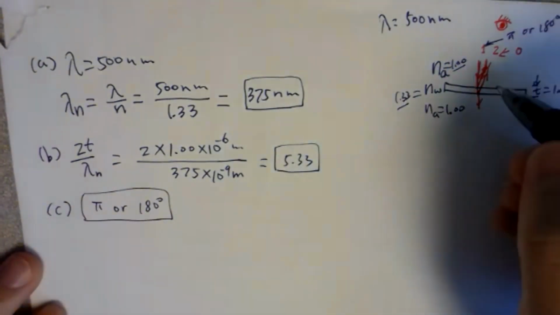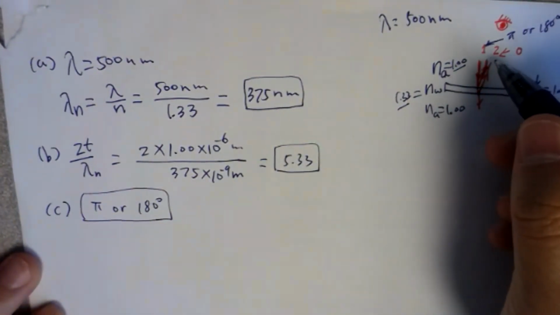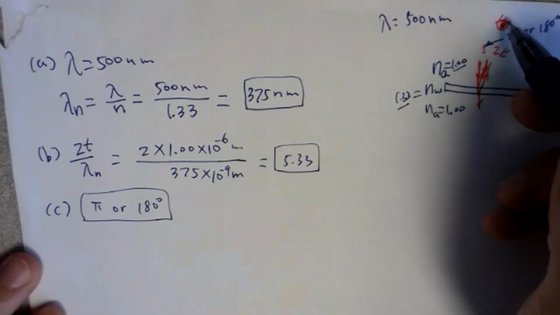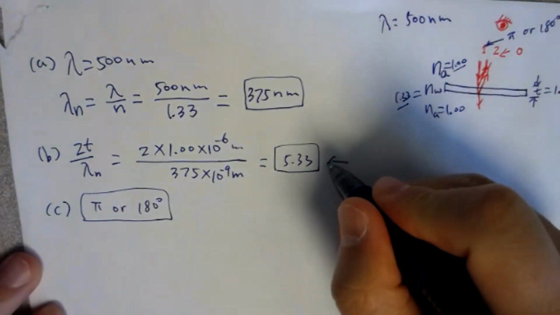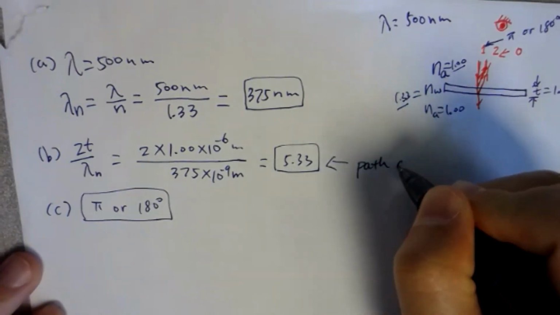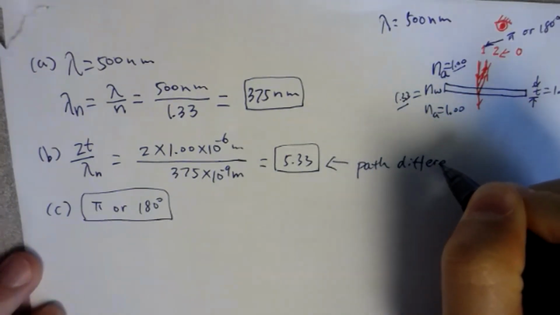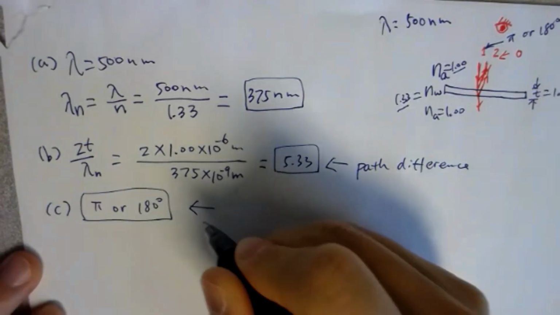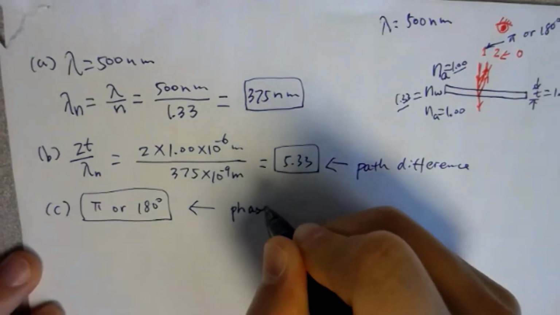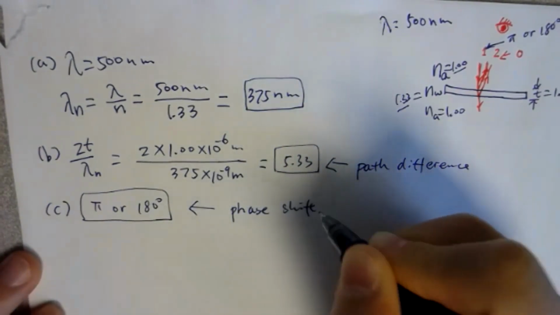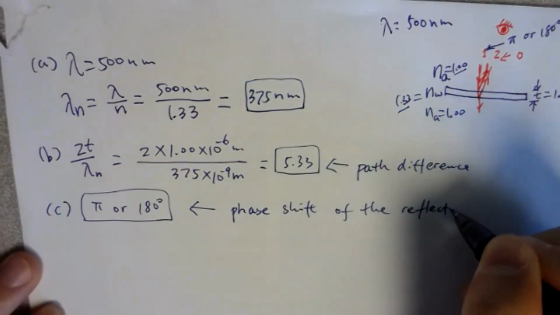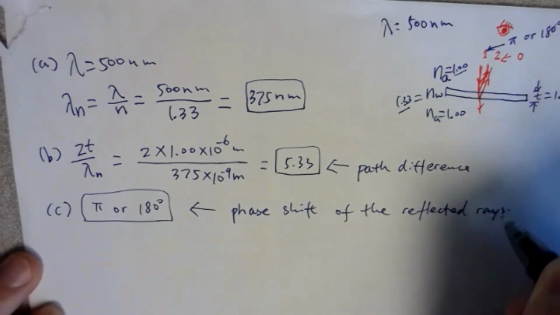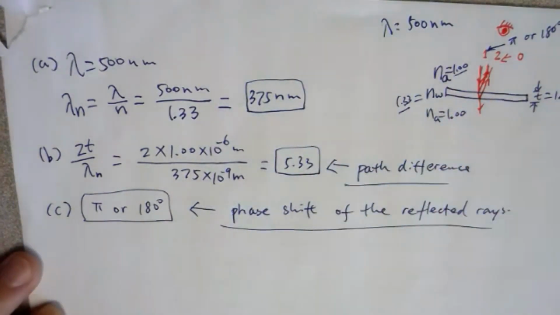As a result, for these two waves to reach the eye of the observer, there is a path difference, and then there is a phase shift of the reflected rays. These two then add up.